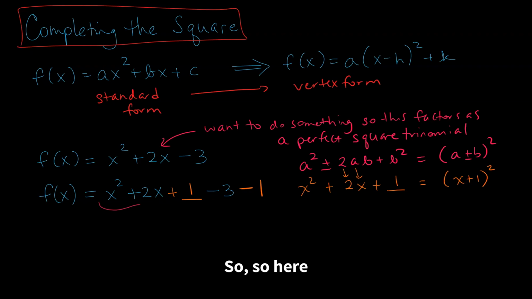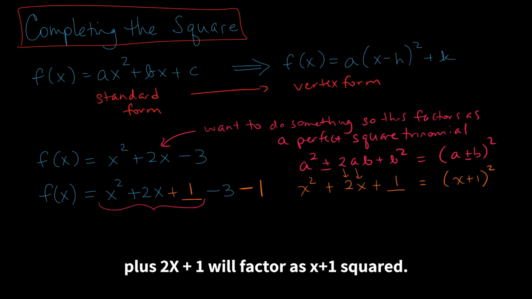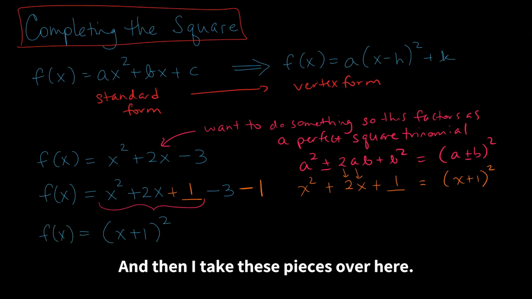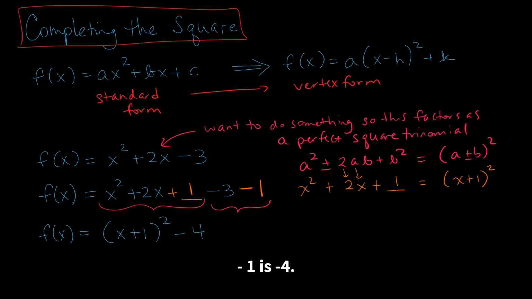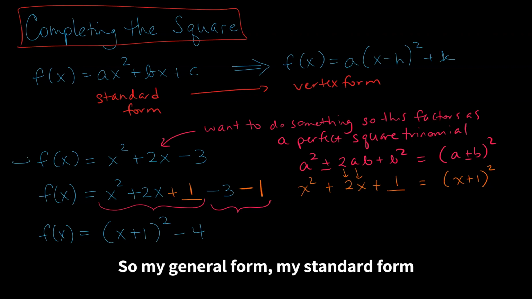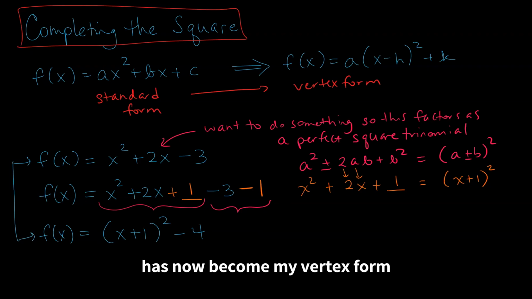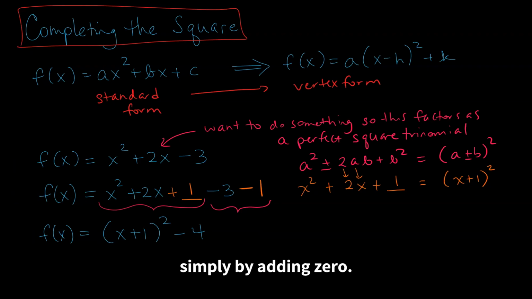So here, x squared plus 2x plus 1 will factor as (x plus 1) squared. And then I take these pieces over here, the negative 3 minus 1, add them together. Negative 3 minus 1 is negative 4. So my general form, my standard form, has now become my vertex form simply by adding 0.